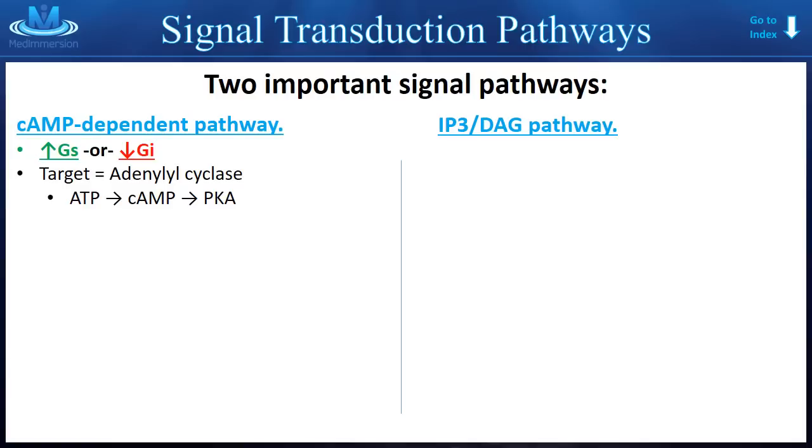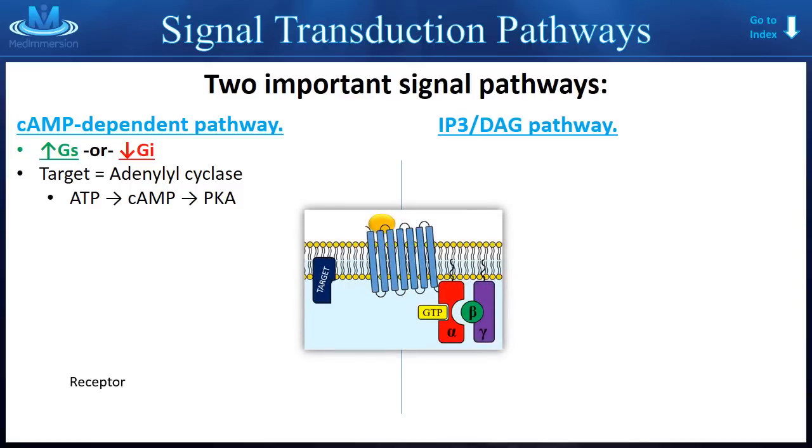So I've already told you that the GS is stimulatory and the GI is inhibitory, but the rest of the pathway is the same. So we start with our G protein coupled receptor as the whole unit. When that receptor is stimulated, we know that the alpha subunit exchanges GDP for GTP and then migrates along the membrane to act on its target enzyme.